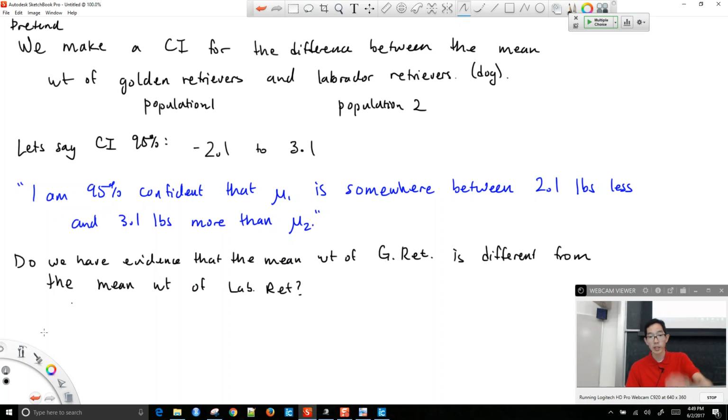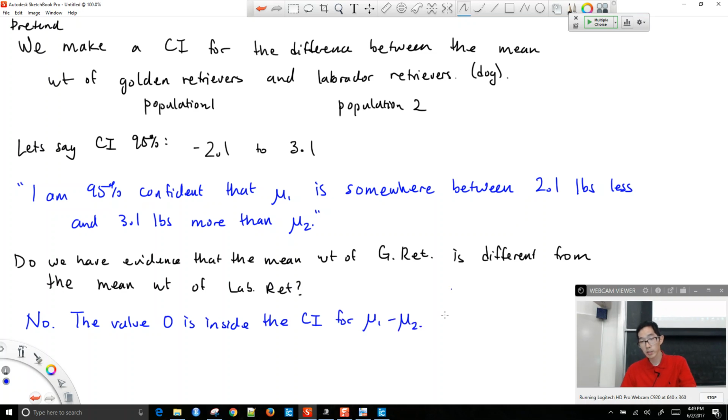The answer here is no. The value 0 is inside the interval, the confidence interval for mu1 minus mu2.